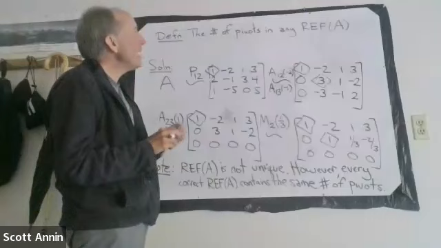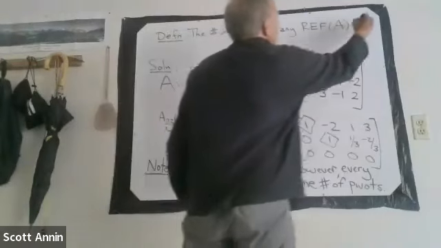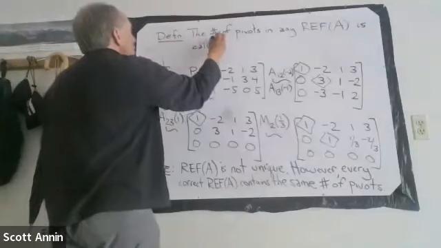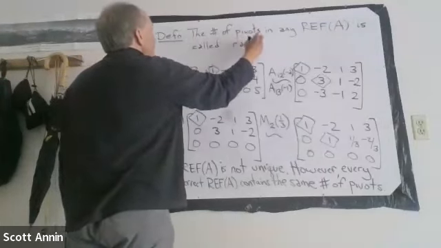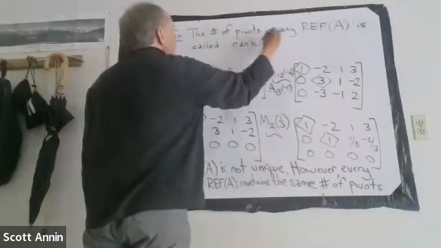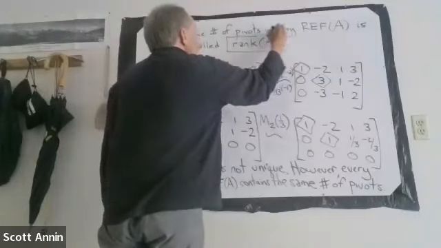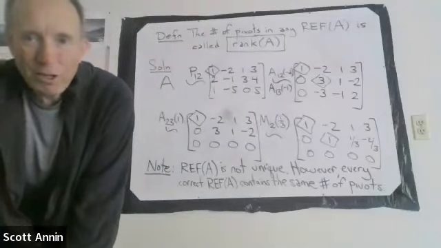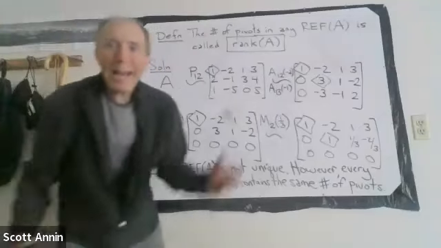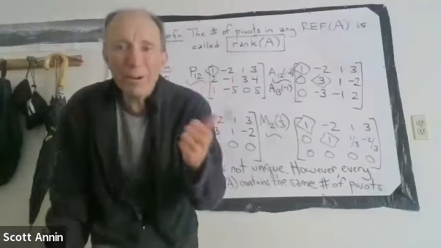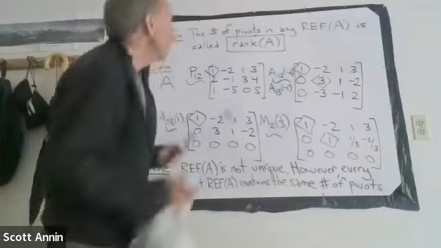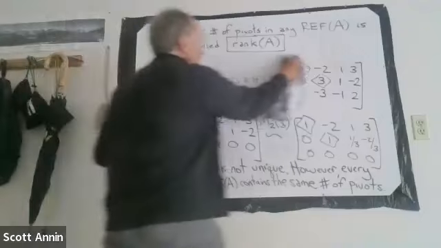You do all of that stuff. The number of pivots in any row echelon form is called the rank of the matrix A. This is a very, very important idea. We're going to see this concept for a long time to come. The rank of a matrix is the number of pivots in any correct row echelon form for a matrix.